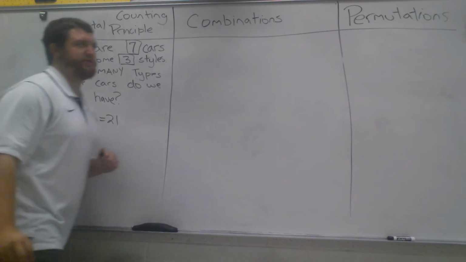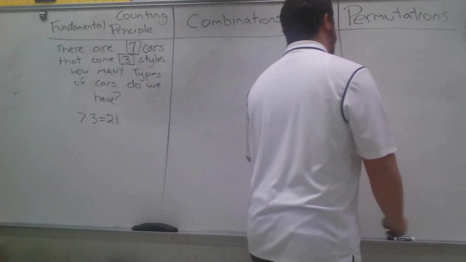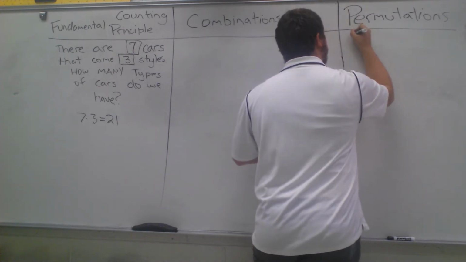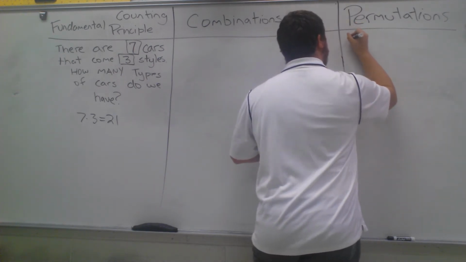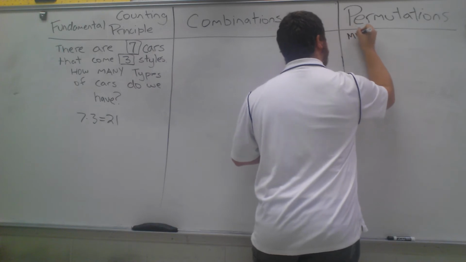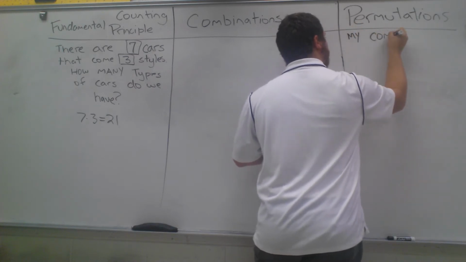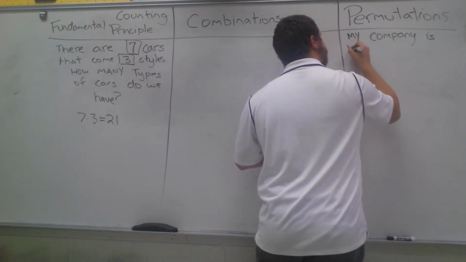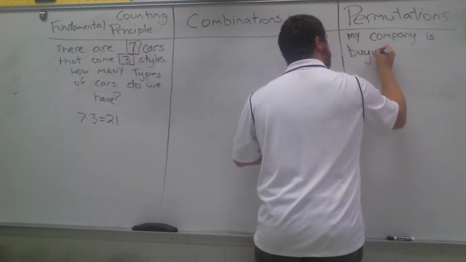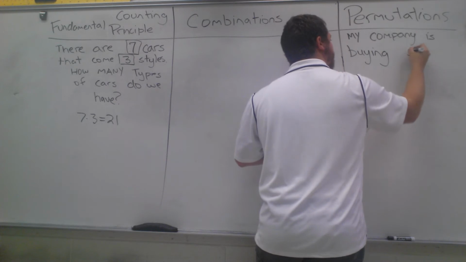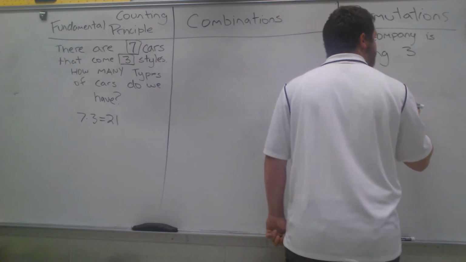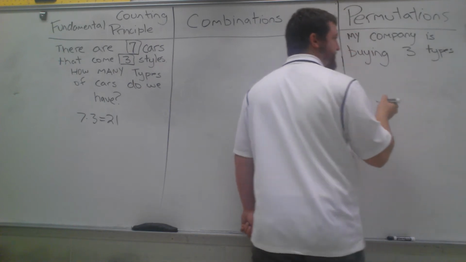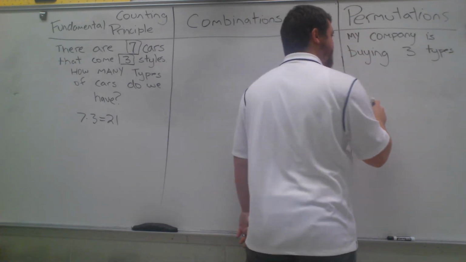Beautiful. I'm moving to permutations. We're going to go easy to hard. So, now, my company is buying 3 types, say I own my construction company, like I will in the future, Nisa.